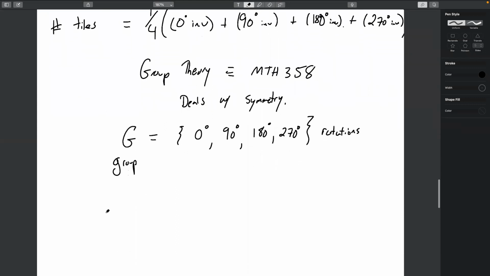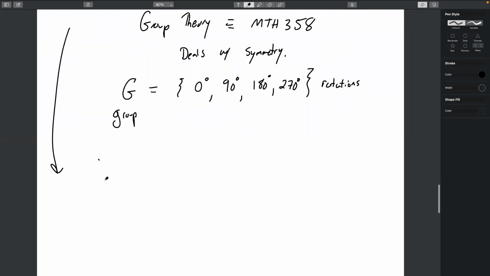So this formula generalizes massively in group theory. These symbols really won't make sense to you, but I'll just write it here. If I have a set of things which are being acted on by a group, and I want to count how many equivalence classes there are, these are like my pictures, and I'm trying to collect them into how many pictures correspond to a given tile.